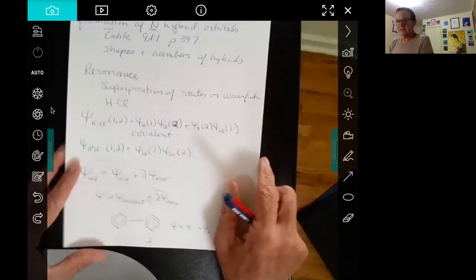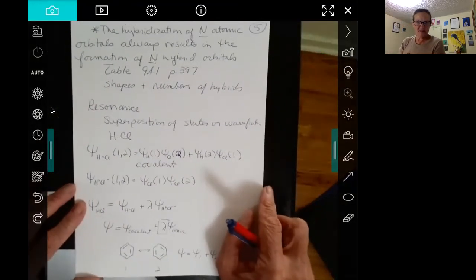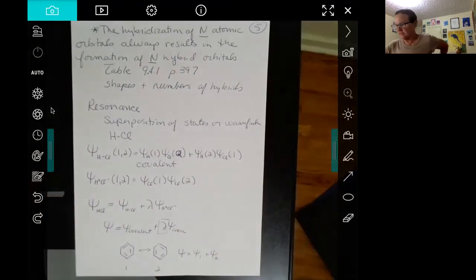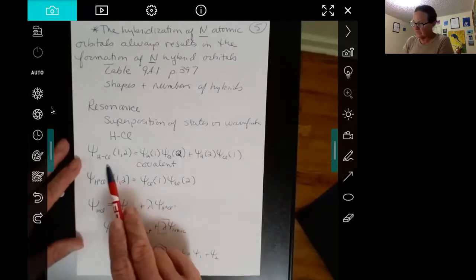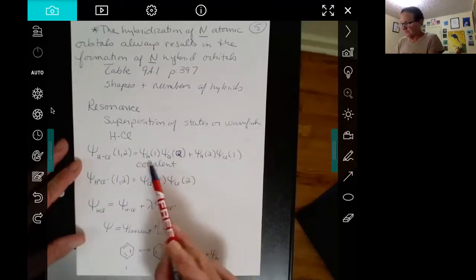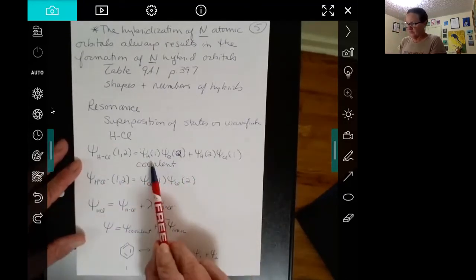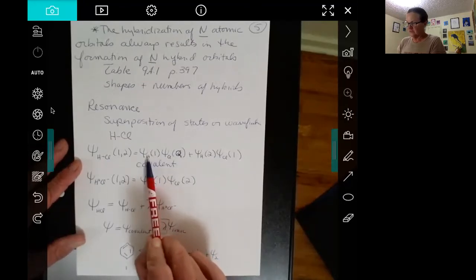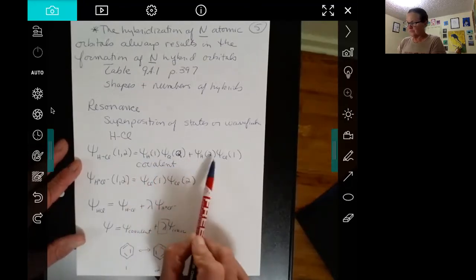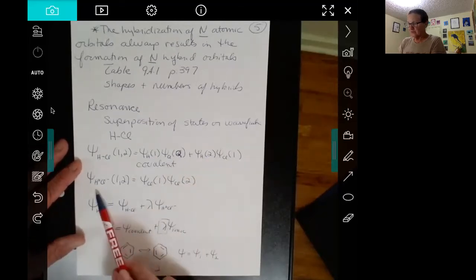So the other concept that's important in valence bond theory is the concept of resonance. So it's a superposition of states or wave functions. So it could be a lot of different possibilities, but when we look at something like HCl, the wave function would be a function on the hydrogen and a function on the chlorine, and then just moving which electron is in which of those functions.